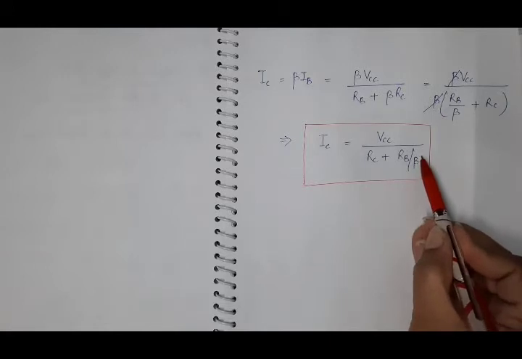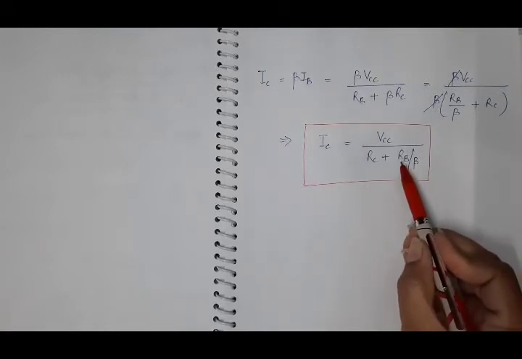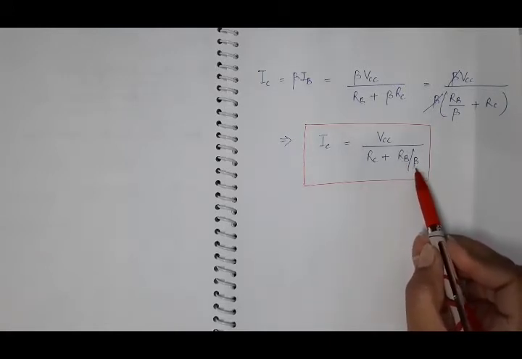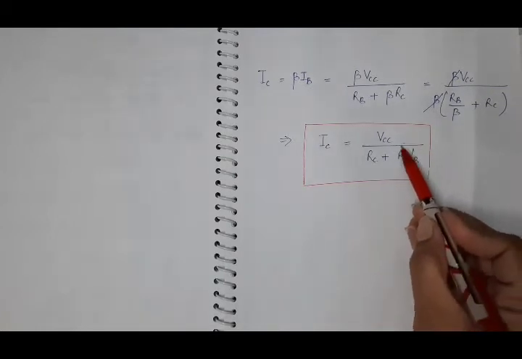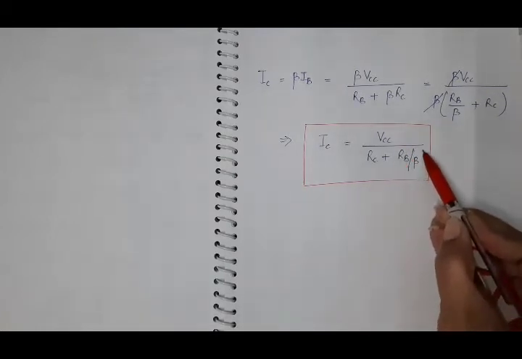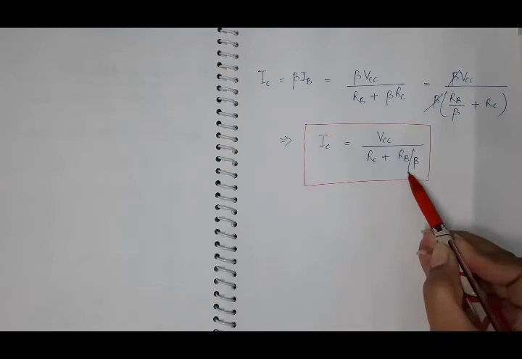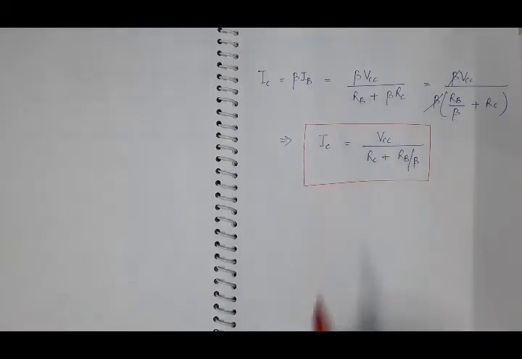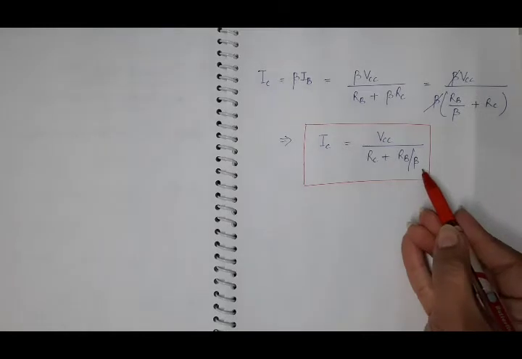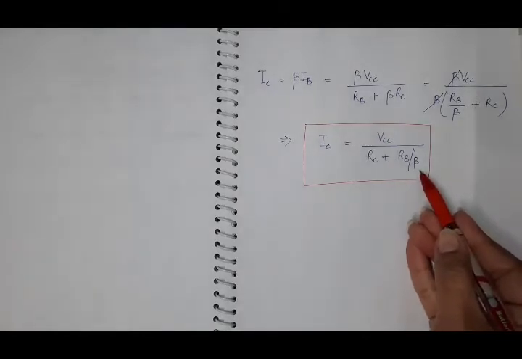If RB is small and we know that beta is usually large, then we can neglect this term, and we will have VCC by RC. So in that case, IC will be independent of beta. But otherwise, IC depends upon the value of beta, as you can see from the expression.